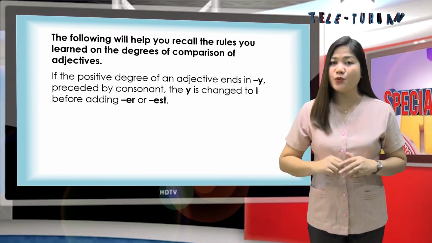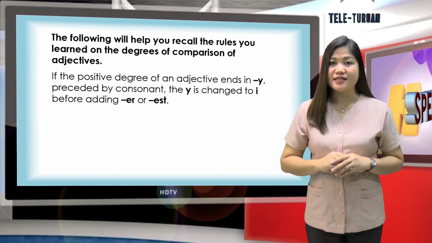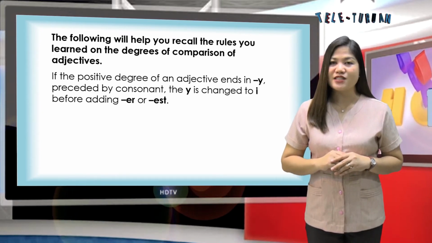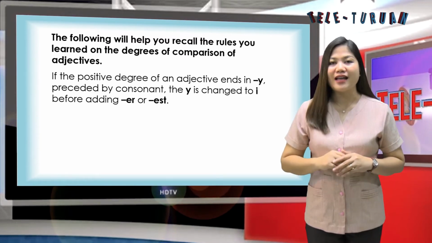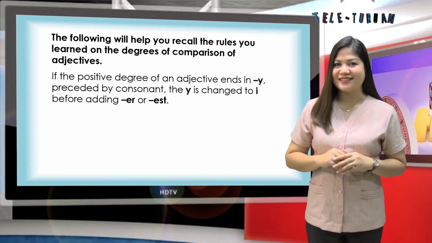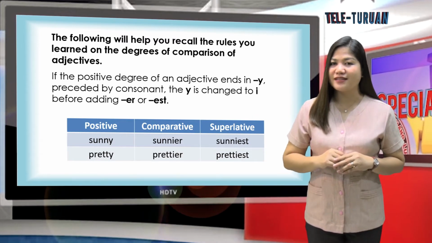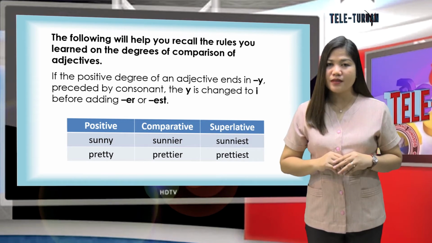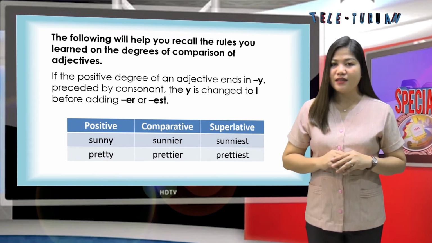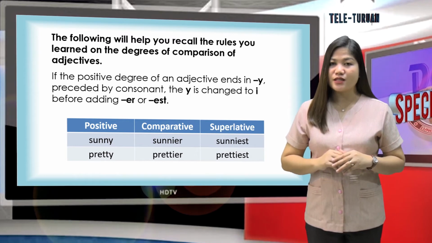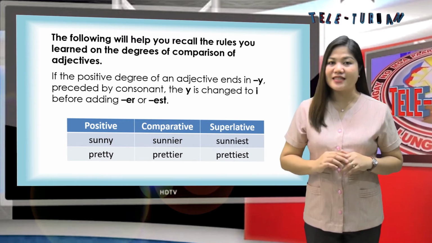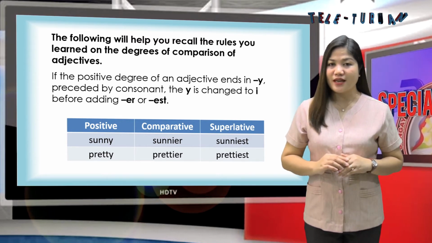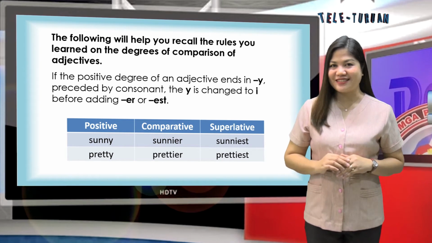If the positive degree of an adjective ends in y, preceded by a consonant, the y is changed to i before adding er or est. Let's study this chart. The first column is the positive form, comparative in the second, and in the third column is superlative. Sunny, sunnier, sunniest. Pretty, prettier, prettiest.